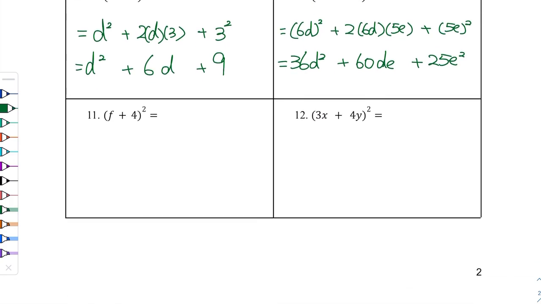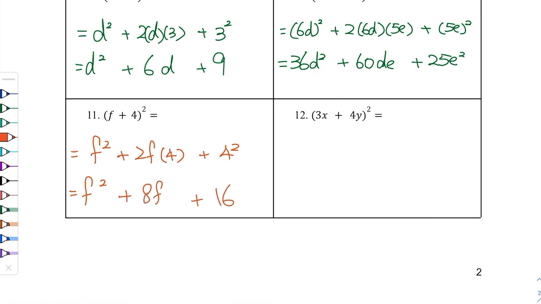So last 2 questions now. Again, a square plus 2ab plus b square. So f square there, 2 times 4, 8f, plus 4 times 4, 16. Same goes here, a square plus 2ab plus b square.